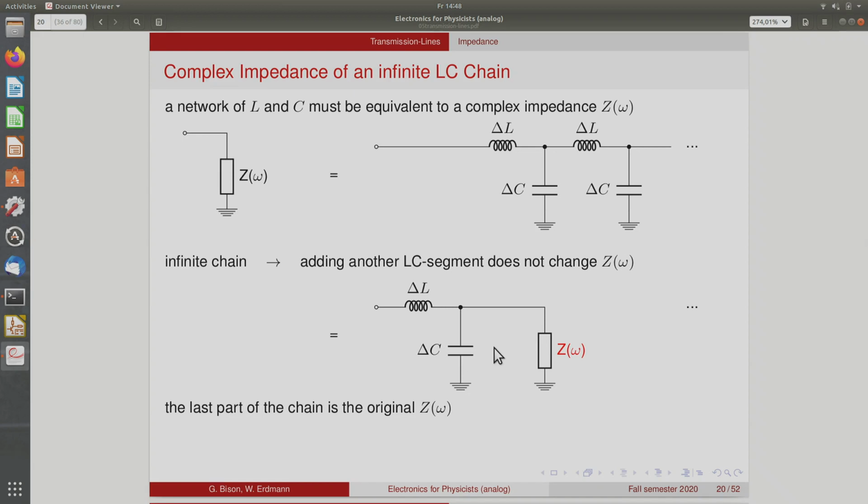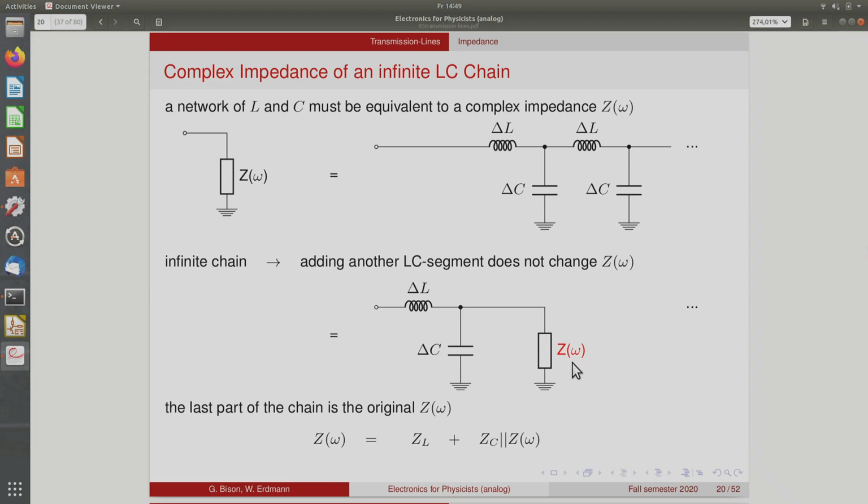So this is shown here. The complex impedance on this side, which is a parallel of this Z and the delta L and delta C element, should be the same as the original Z of omega. Or in terms of a formula, this is here. So Z equals ZL, the complex impedance of the inductor, plus the parallel circuit of the capacitor and Z again.